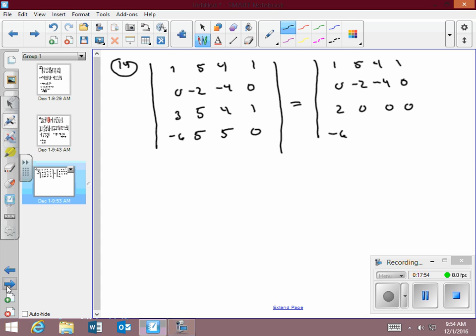Okay, minus 6, 5, 5, 0. Then you expanded. You took the 1 on top and then the cofactor. So it's 0, minus 2, minus 4, 2, 0, 0, 6, 5, and 5.